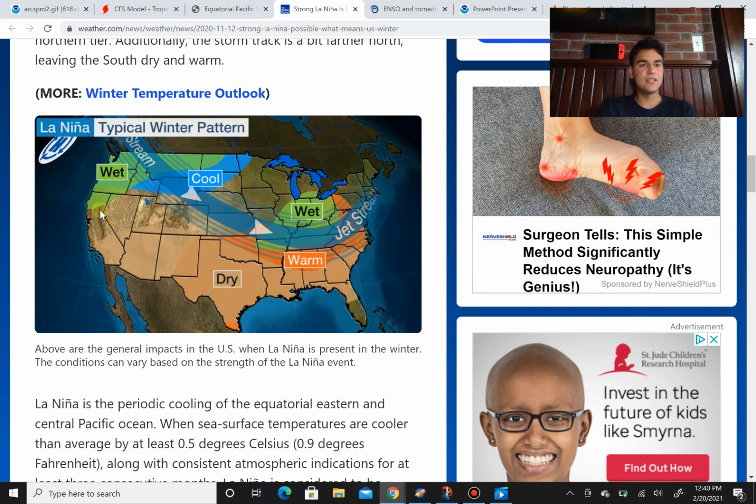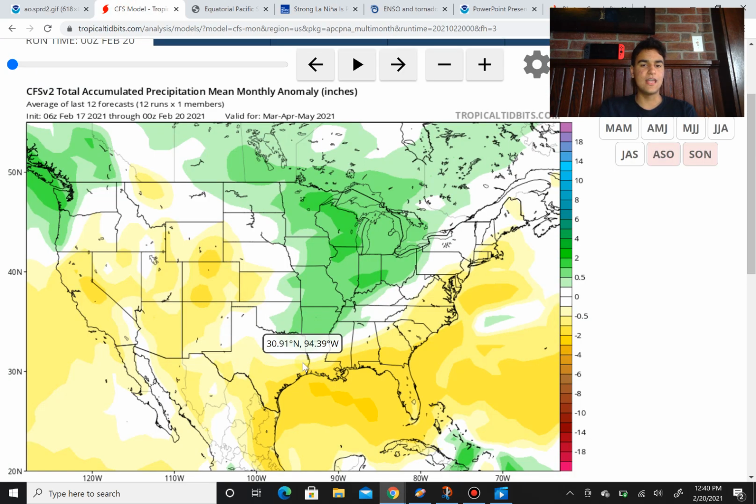And we typically see drier and warmer conditions throughout the Southeast during a La Nina phase, and we see more moist conditions throughout the Ohio River Valley and a lot of the Midwest. And the CPC model, if you see that, agrees with this the most, which gives us confidence that there's going to be a La Nina phase based off of what we've been seeing.